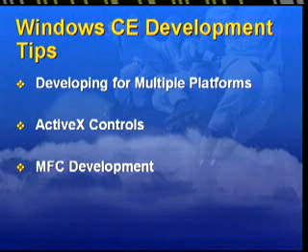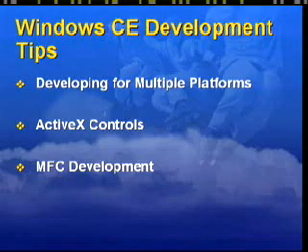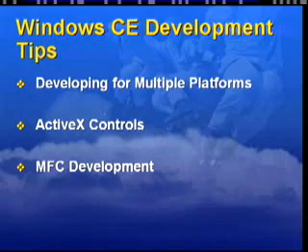What we recommend that you do nowadays is that you take and create two projects in the same workspace, one created for the desktop and one targeted specifically for Windows CE. Then you take the same source files and simply include them into both projects.